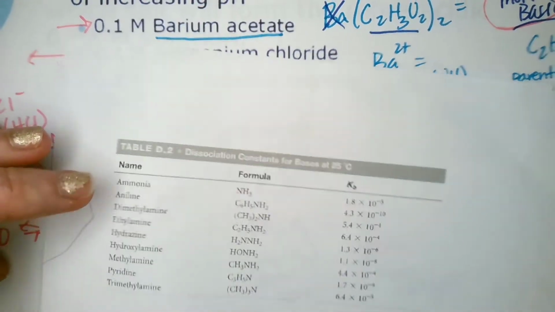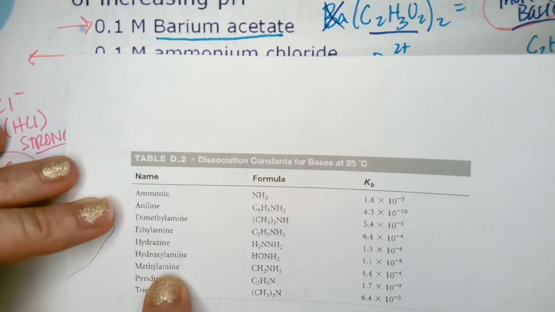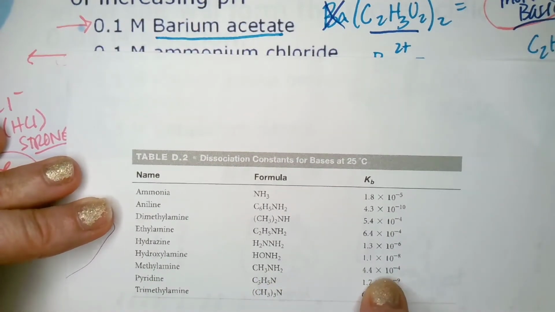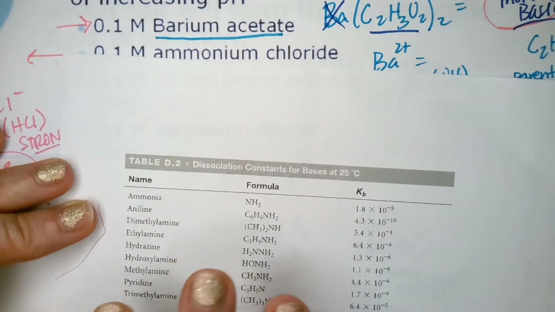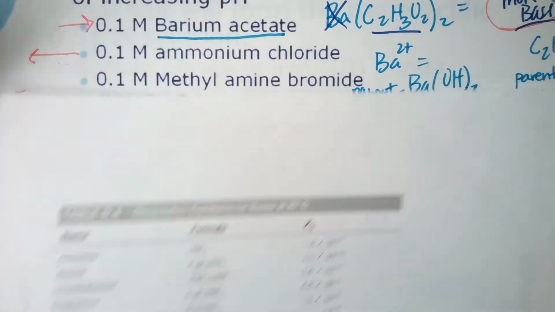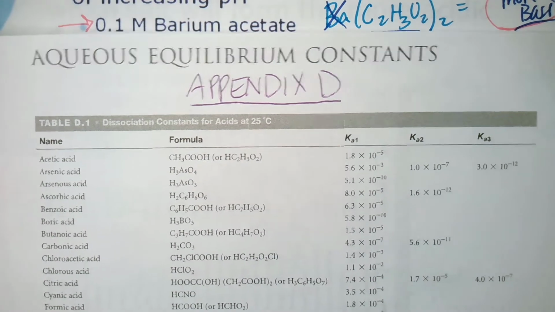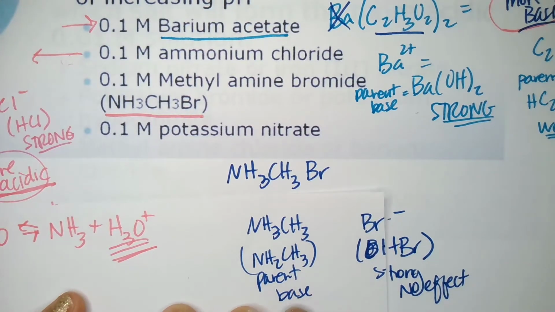But if you look at our Appendix D, we can see that methylamine, CH3NH2, has a Kb constant. And every base listed on our Appendix D is a weak base. Every acid on our Appendix D that has a Ka constant is a weak acid. So the fact that it's listed on here tells us that it's a weak base.